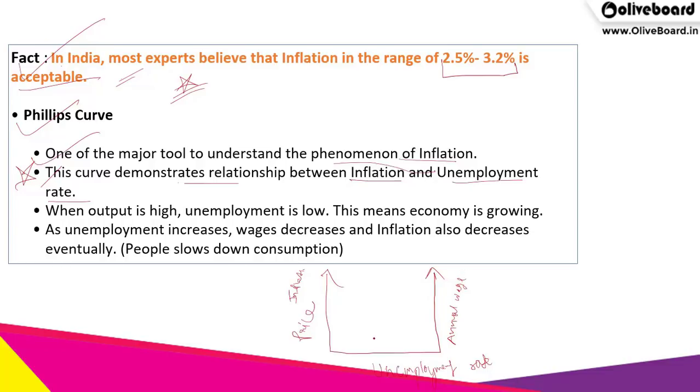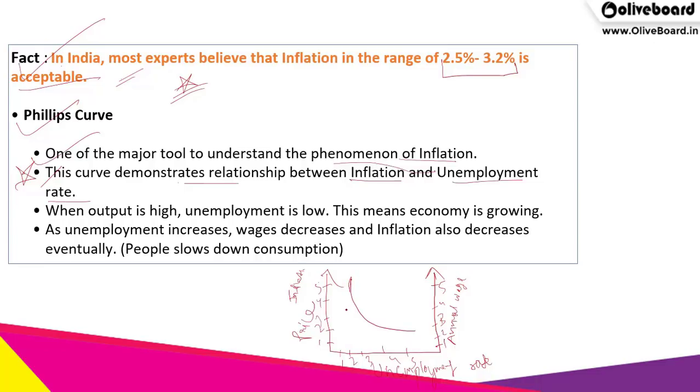Wages means your salaries. Now this is, let's say, 1 2 3 4 5, and again 5 4 3 2 1, and here we have 1 2 3 4 5. So this kind of curve is the Phillips curve.